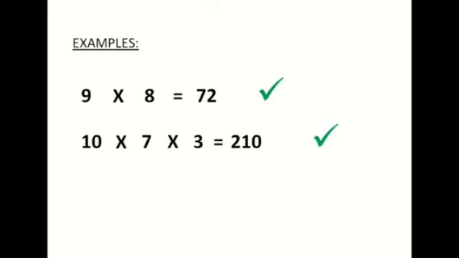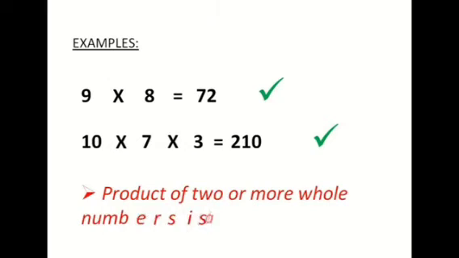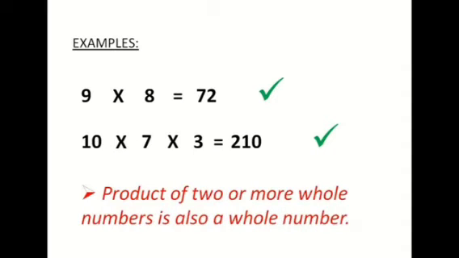So from these two examples, what can we conclude? Can anyone try? Just think. We can say that the product of two or more whole numbers is also a whole number.